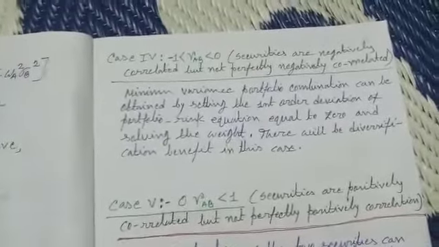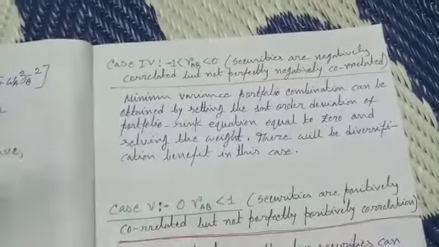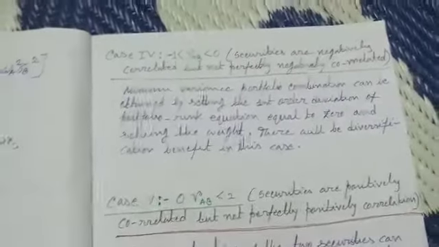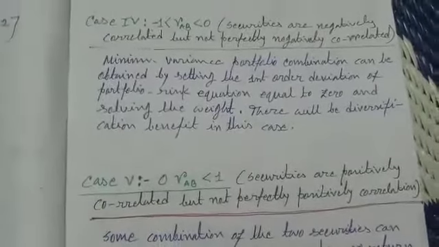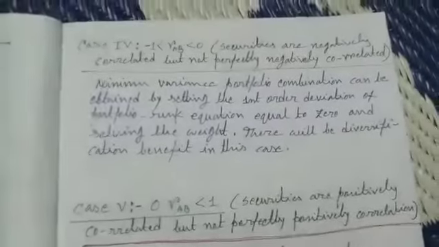That means by putting the value of RAB in the variance function, we have to make the first order differentiation, set it equal to 0, and then we can derive the weight that will give the maximum diversification benefit.